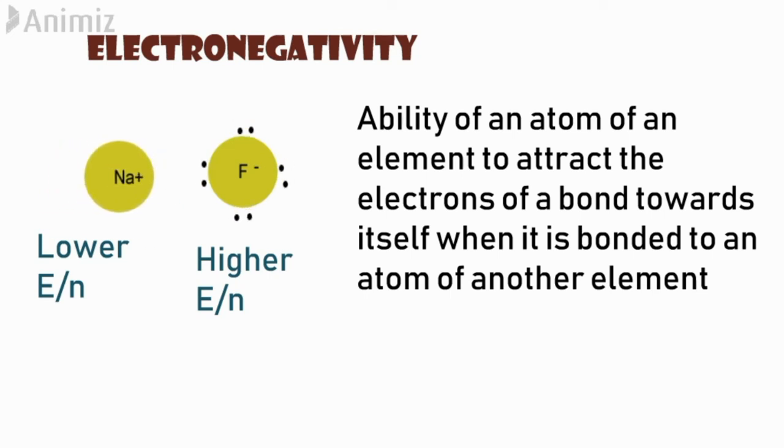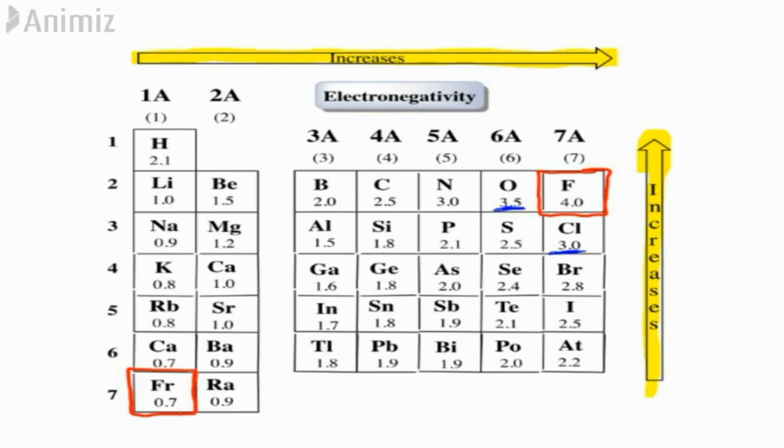So here you can observe that fluorine attracts sodium. In the periodic table, the electronegativity increases from left to right across a period and decreases down the group. According to the Pauling scale, fluorine is considered the element with the highest electronegativity.